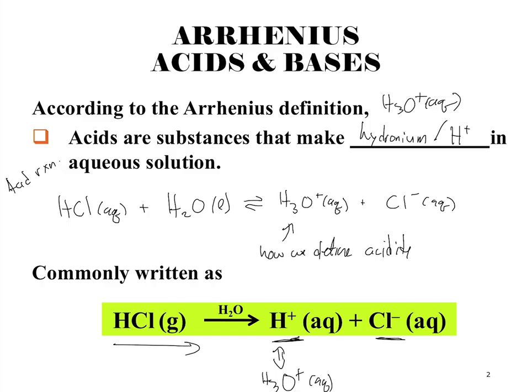So if you see people say protons, hydrogen, donation of hydrogen, or hydronium, those are all used the same way. Does that make sense? Right, so an acid is anything that'll generate H3O plus in solution. That's how the Arrhenius definition is concerned, right? All that matters is do we generate H3O plus or not?